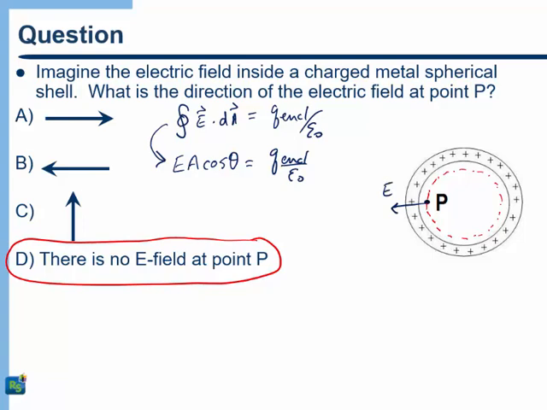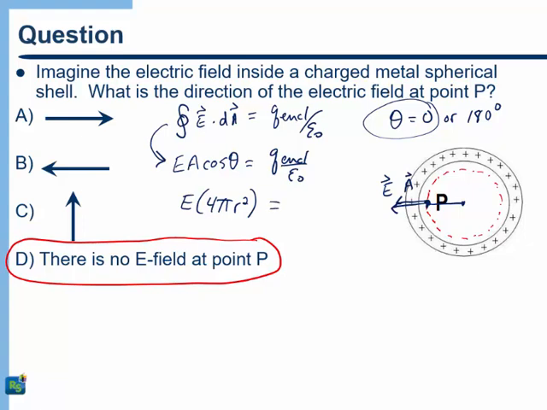Whether it's out or in doesn't matter too much because theta is either 0 or 180. So let's just assume that it's 0. That gives me EA is equal to Q over epsilon naught, and of course A is 4 pi r squared, where r is the distance from the center to where I want to know the electric field.